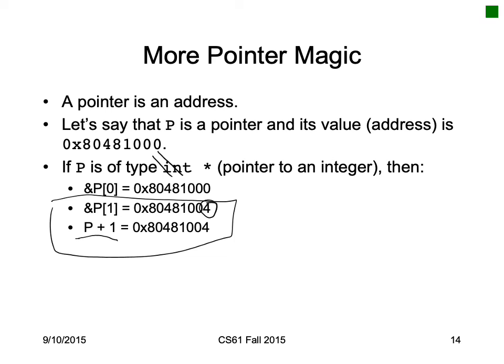The address of p sub 1, however, is not 1 greater than that, it's 4 greater than that. And the reason is that an integer is 4 bytes. So similarly, when I say p plus 1, the compiler says, p is a pointer to an integer. Integers are 4 bytes. So when you say p plus 1, I should take the address and I should add 4. And that's why these things are actually the same.